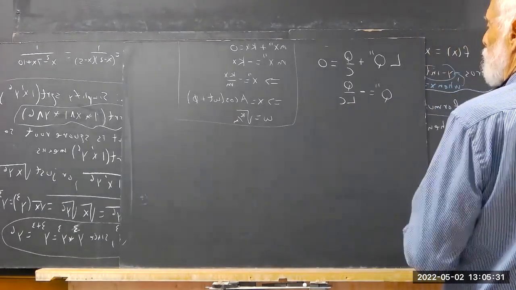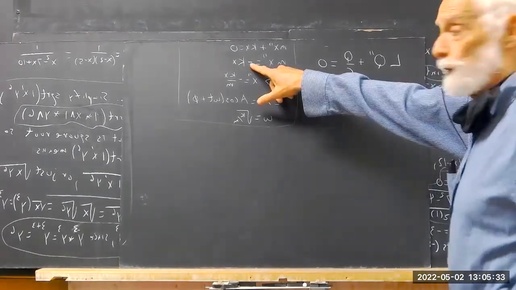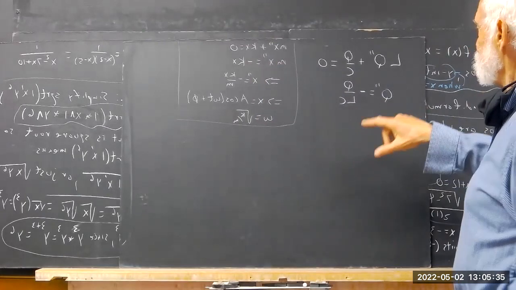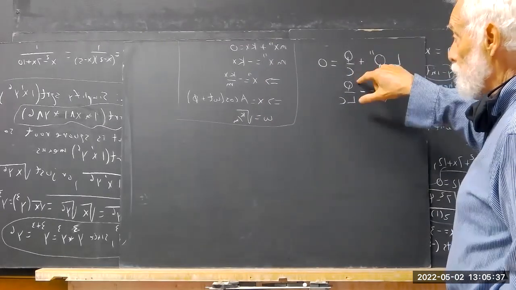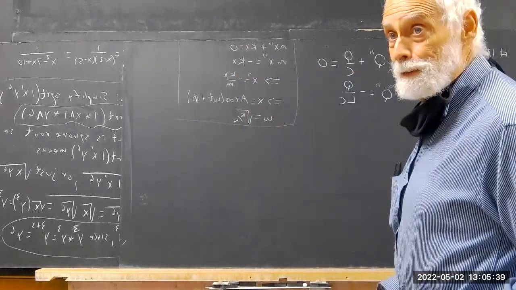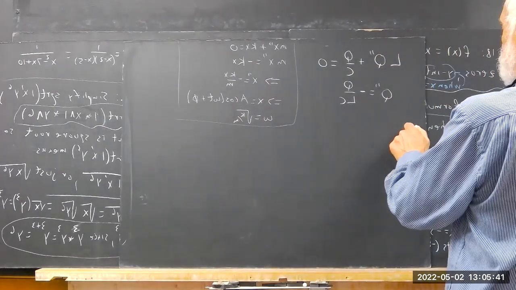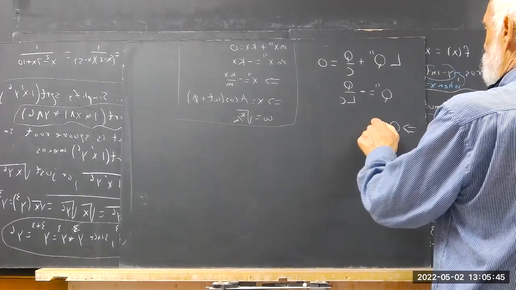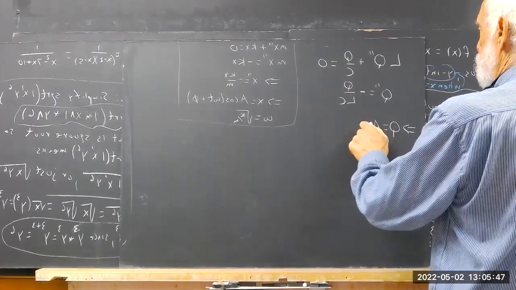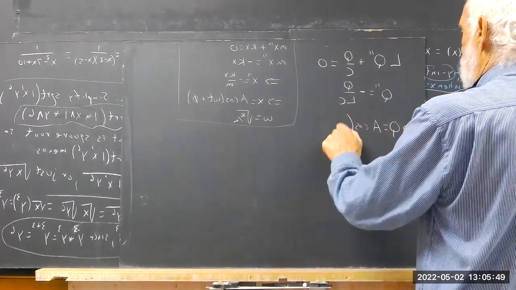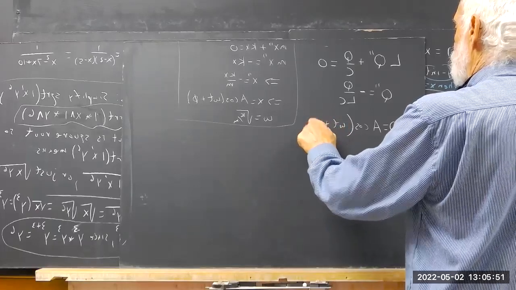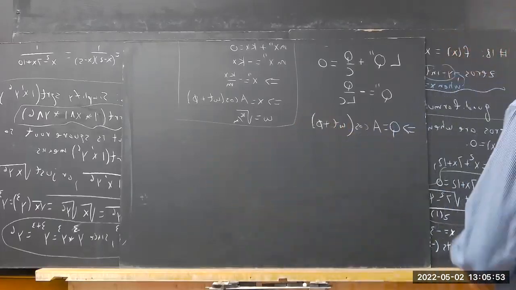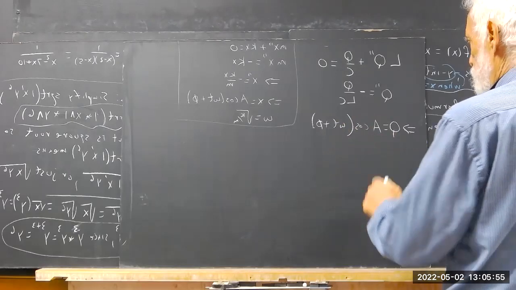So Q double prime equals negative Q. This is the same equation, I'm just using L and 1 over C instead of m and k. The same reasons, and we talked about them, I think we talked about them last week.